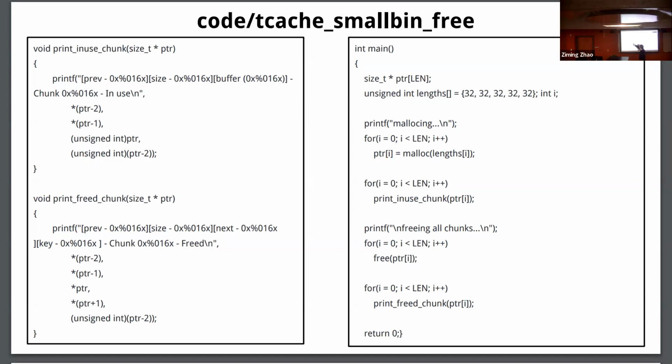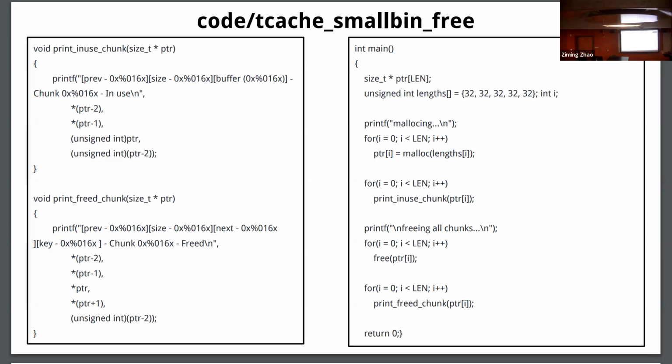The in-use one is similar to what we just saw. We print out previous, size, and where the buffer is. Also where the chunk is, which is the same as the address of this one. Then the freed one has a different structure, remember?